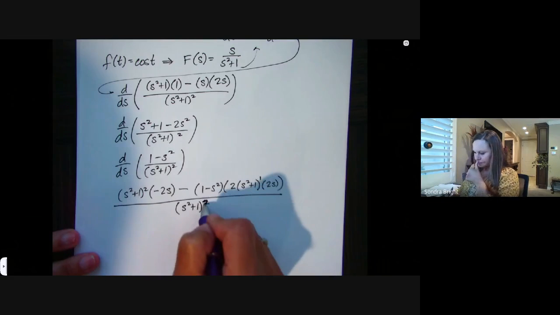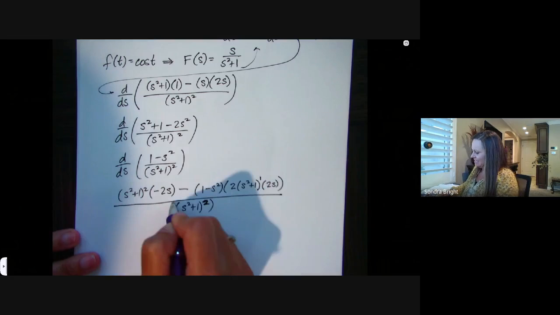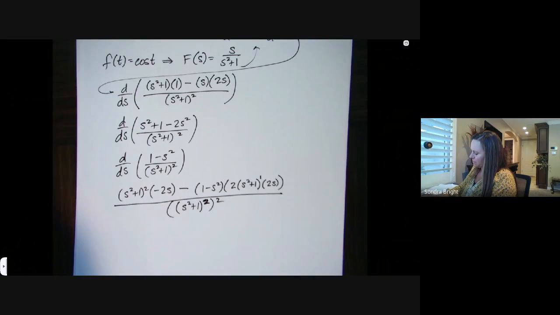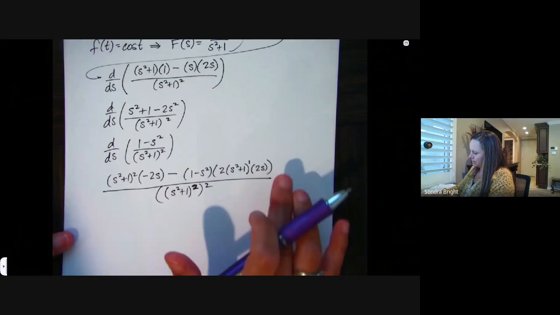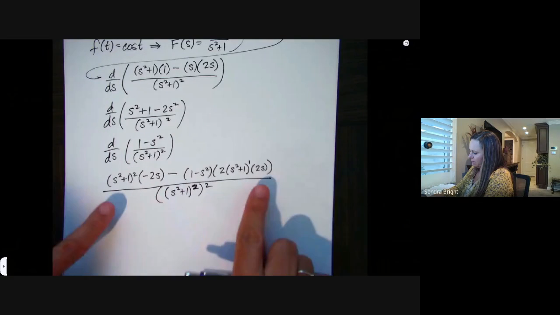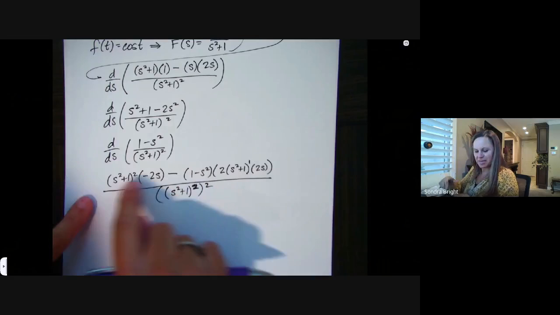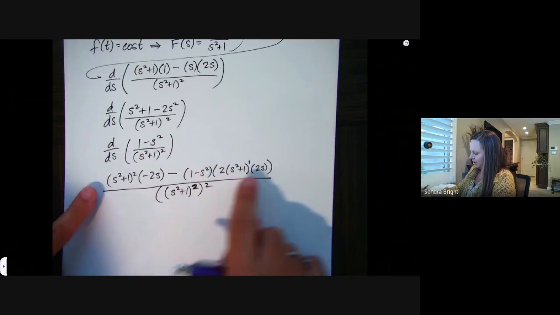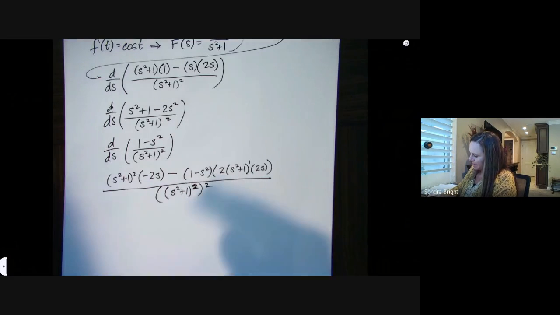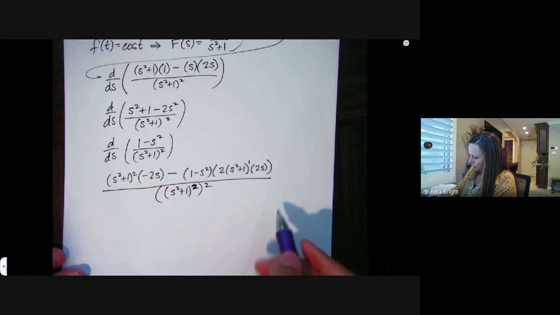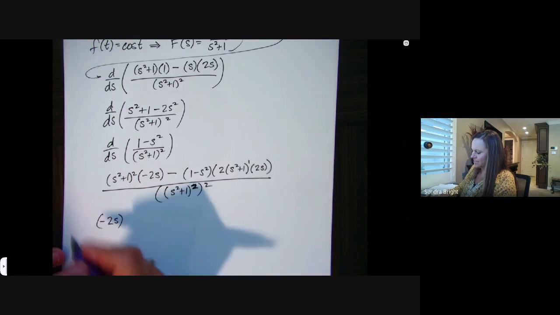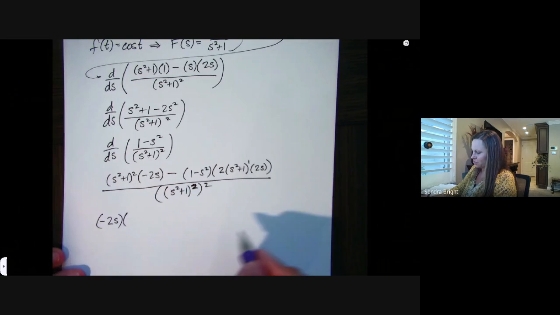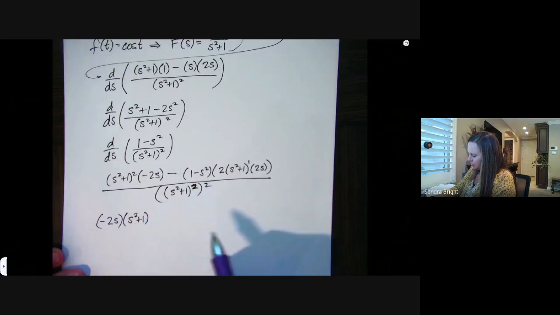Okay, so then let's clean this up. I think the easiest way is, because I see factors in common between here and here, rather than multiplying them all out and then cleaning it up, I noticed that there is a negative 2s in common to both terms. I'm going to factor it out. I also have an s squared plus 1 to the power of 1 in common to both of these terms, so I'm going to factor those out.